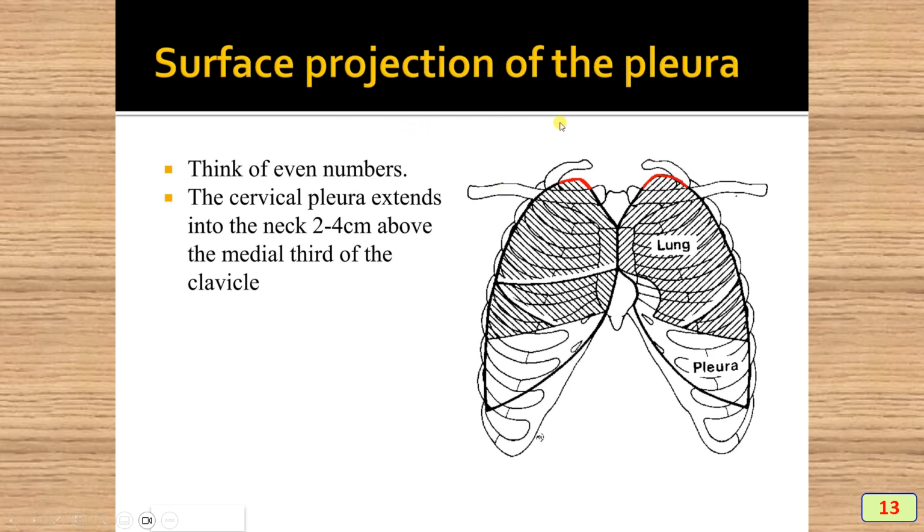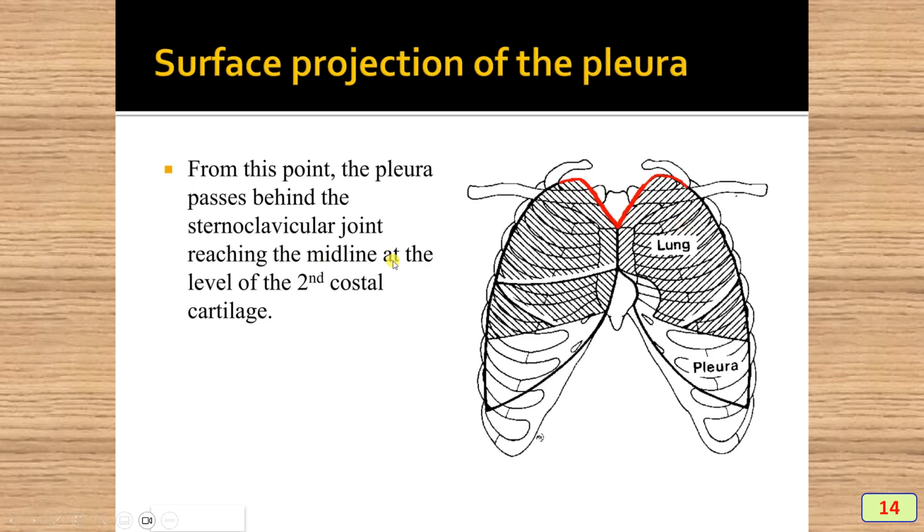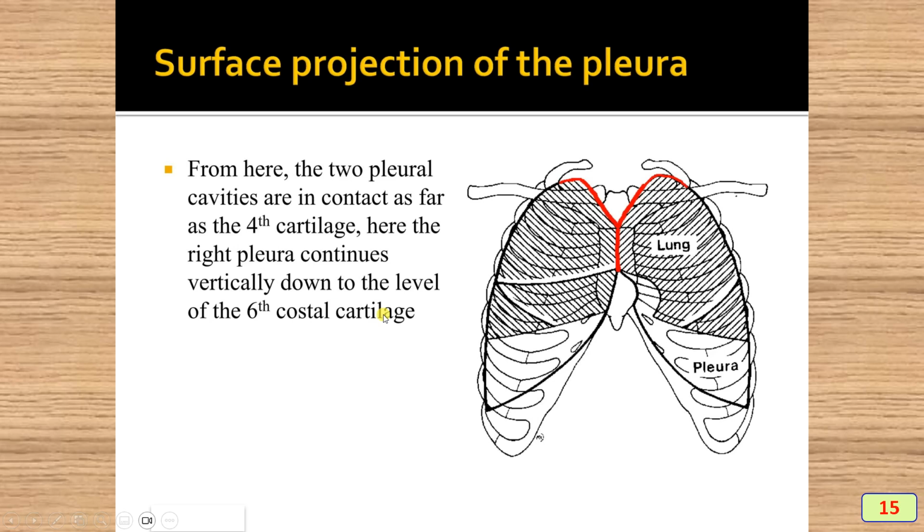Then come the surface projections of the pleura: 2 to 4 centimeters above the medial third of the clavicle. This is the human lung, and the pleura passes the sternoclavicular joint, reaching the midline at the level of the costal cartilage.